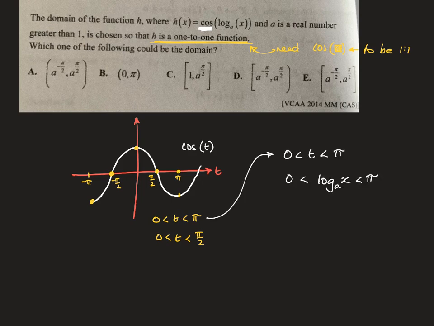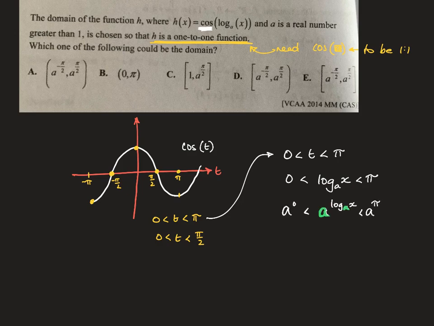And that gives me 0 is less than log to the base a of x is less than pi. Now I can rearrange this so that I have a domain that just has x here. So let's do that by putting each of those values as a power of a.